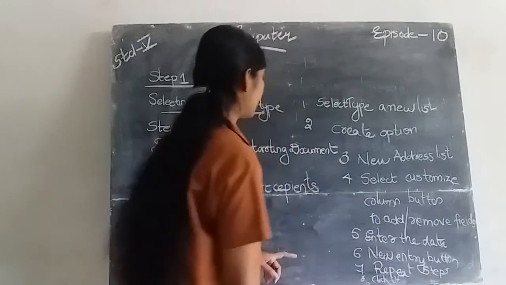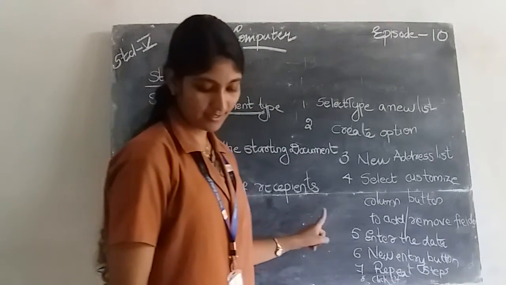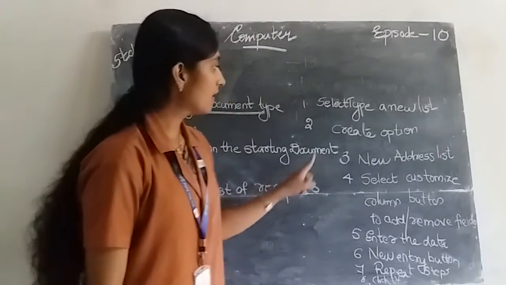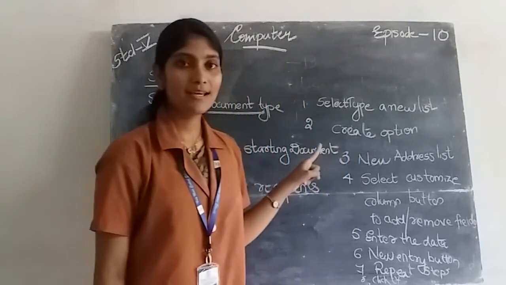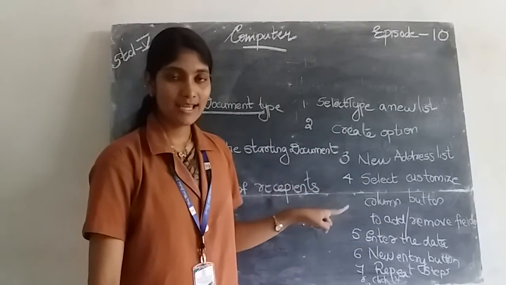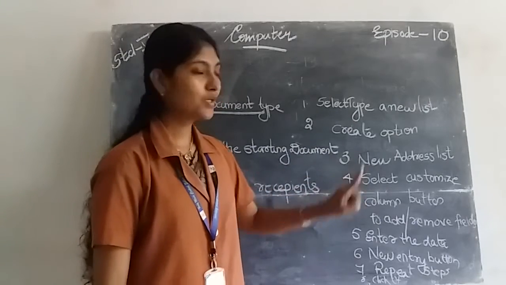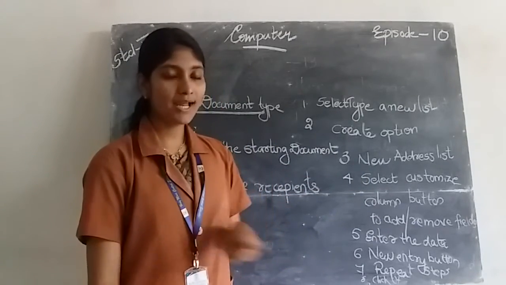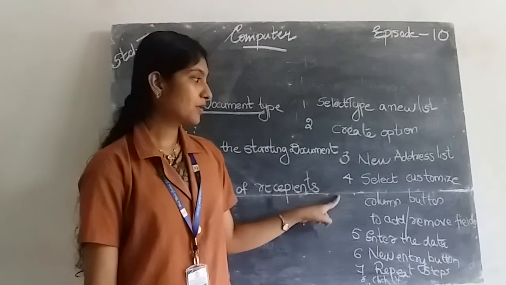Okay, this is the third step. Third step means create a list of recipients. Select type a new list, and there is an option named Create. Click the Create option, then the new address list, a blank document or a box, appears, and then you can enter.